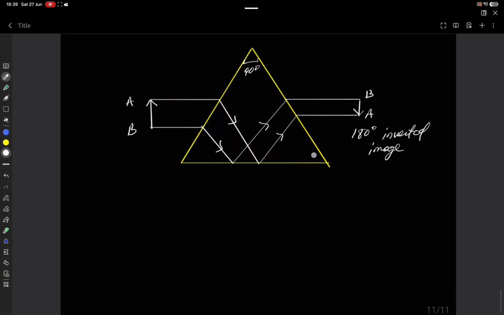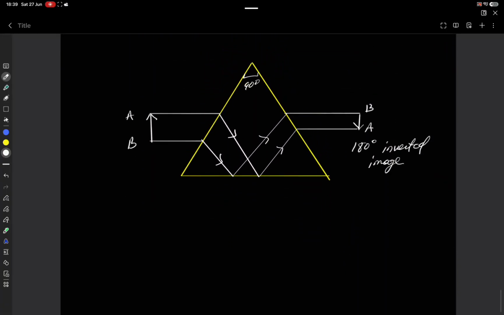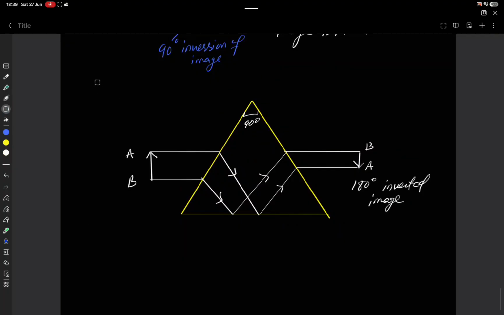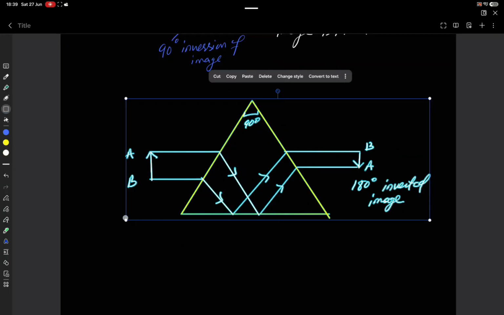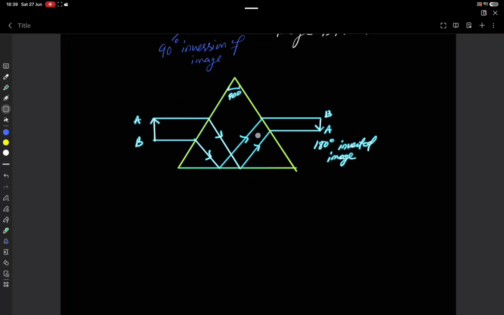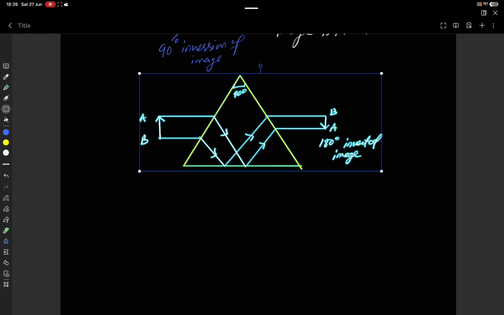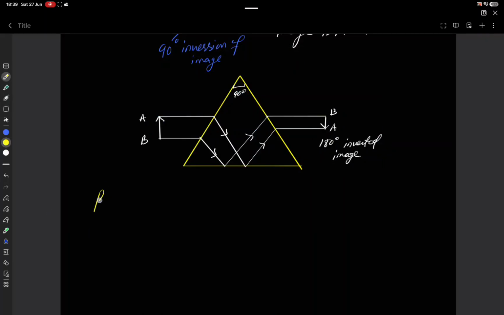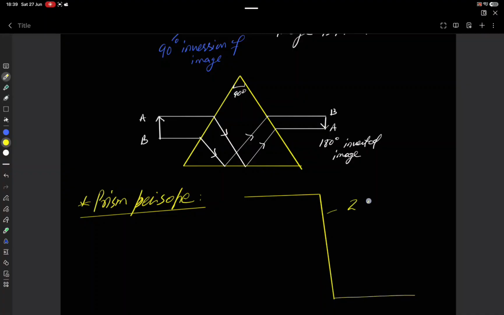This is the right angle triangle prism, and now we have the prism periscope. So in the prism periscope we have the periscope Z-shaped tube.